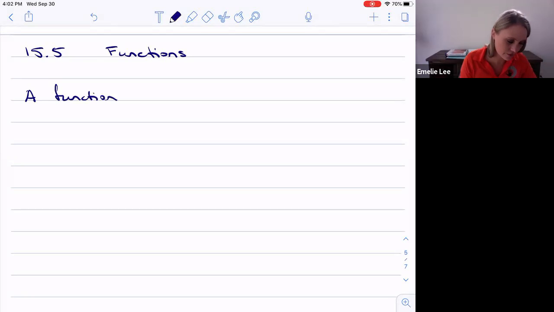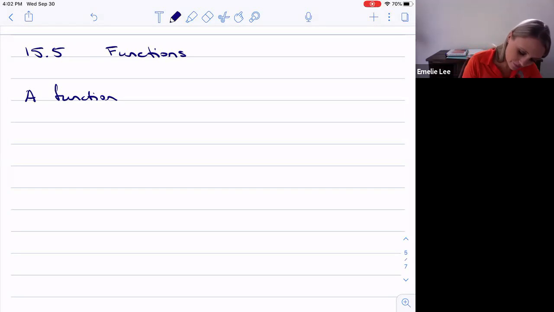A function is a set of ordered pairs, essentially an input and an output, where the input can only be associated with one output. It doesn't have to be the other way around, but one input can only give you one unique output. You can have multiple inputs going to the same output, which we'll see.